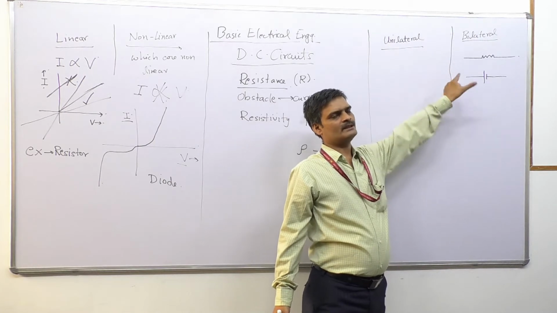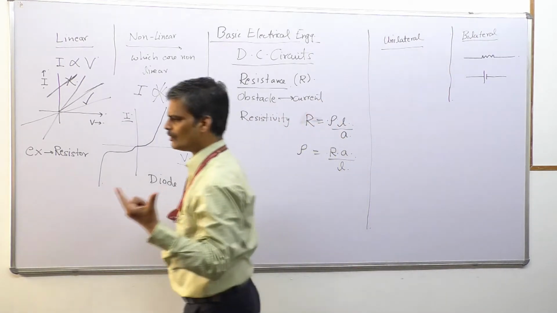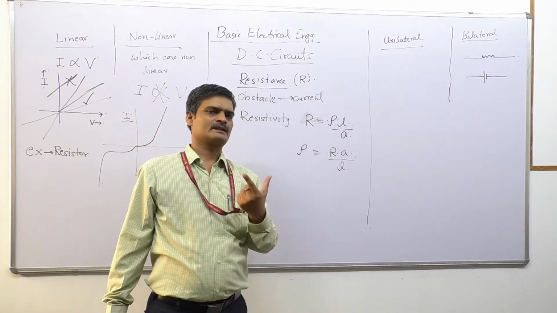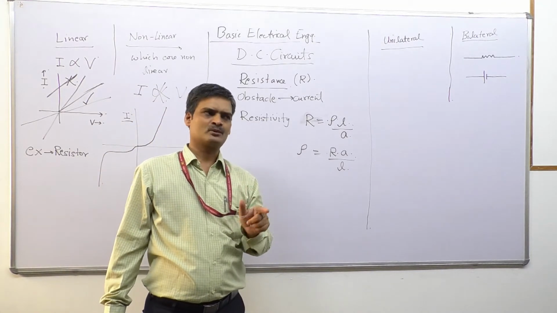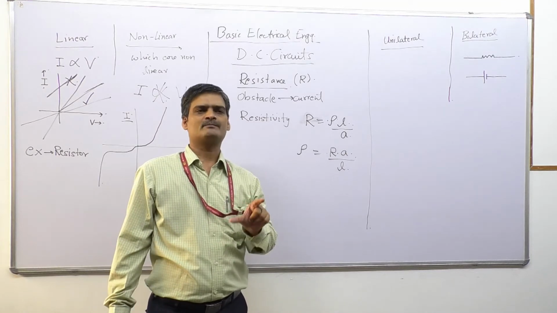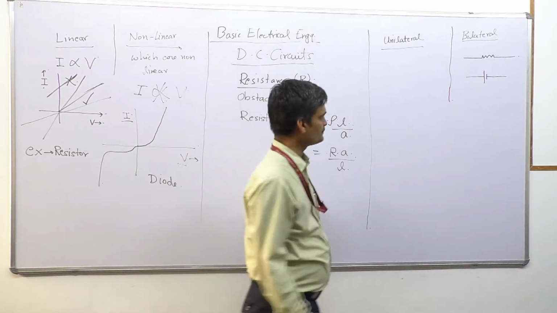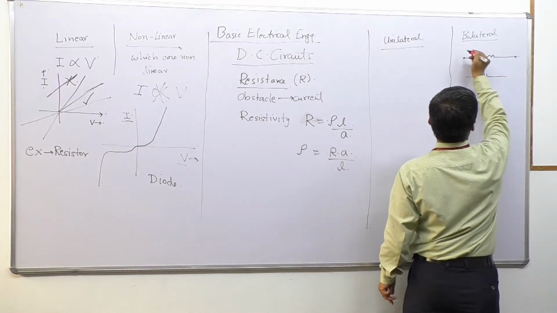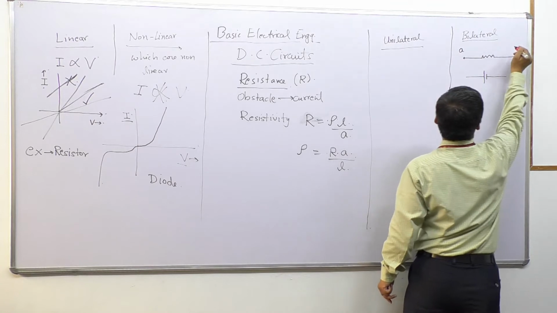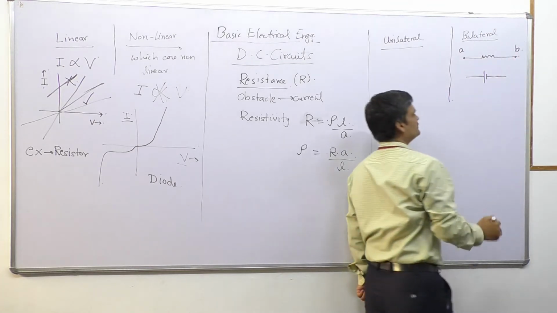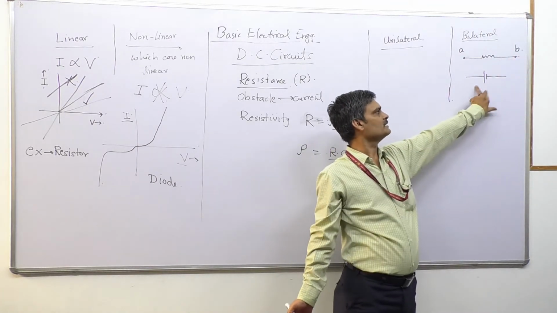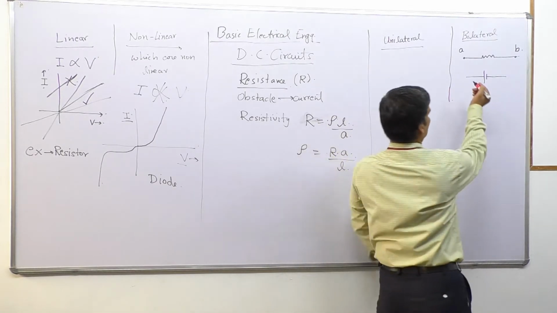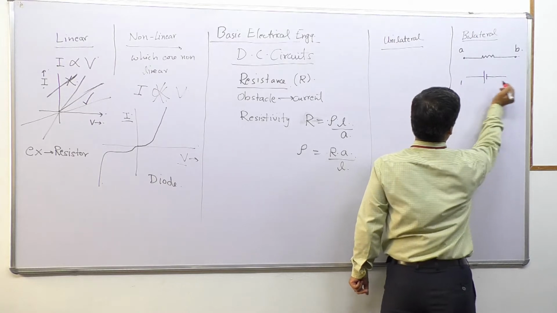Whenever we study about DC networks or single phase AC networks, each element, whether it is a source or a load, possesses two terminals. Let us say the two terminals of resistance are terminal A and B. Similarly, for the DC electrical source also we have two terminals, let us say terminal 1 and terminal 2.